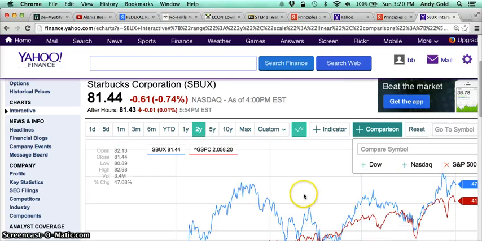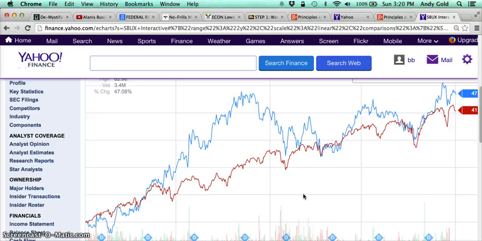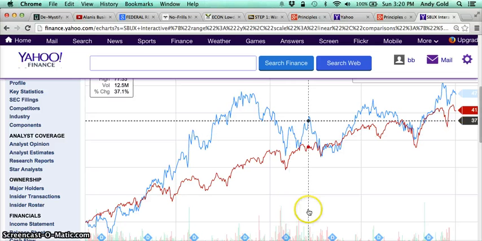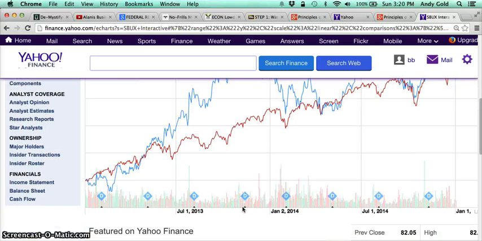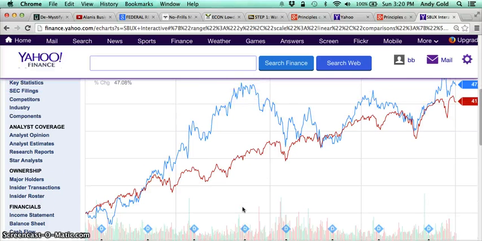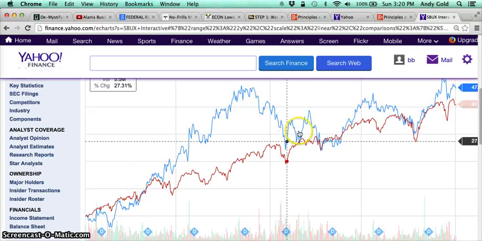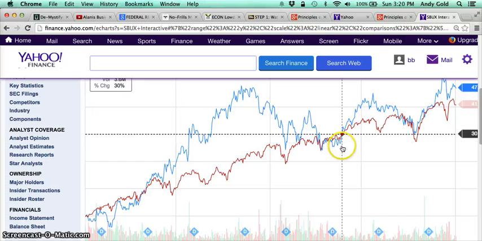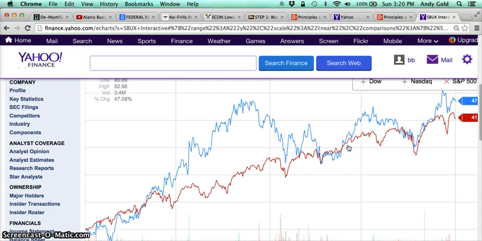And you can see here the red line is the S&P 500. The blue line is Starbucks. And over the past 2 to 3 years, Starbucks has consistently been outperforming, except for a short period there, the market overall. And that's always a good indication of how well or how poorly a company is doing.